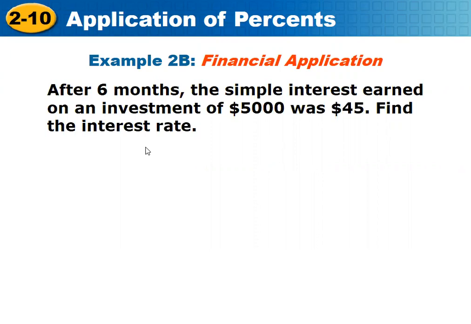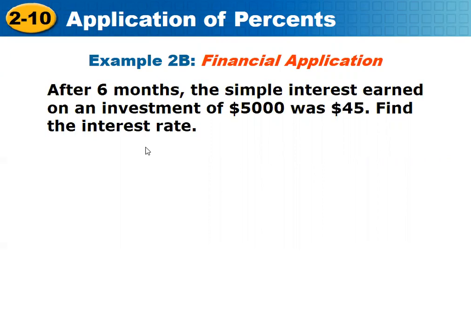The simple interest earned on an investment of $5,000. $5,000 now was what? Yes, it was the principal. He said the simple interest earned on an investment of $5,000 was $45. Then $45 now represents what? It represents the interest.